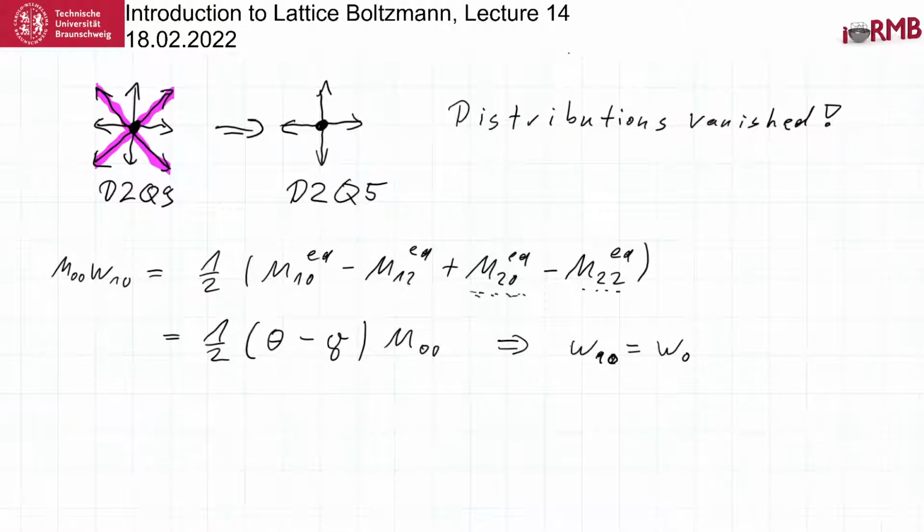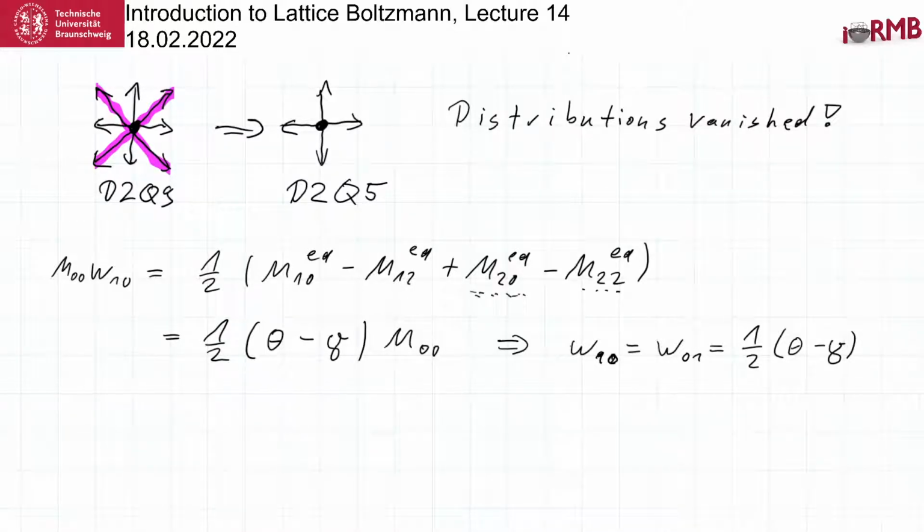This will also be the other guy, of course. This is 1/2 theta minus gamma.